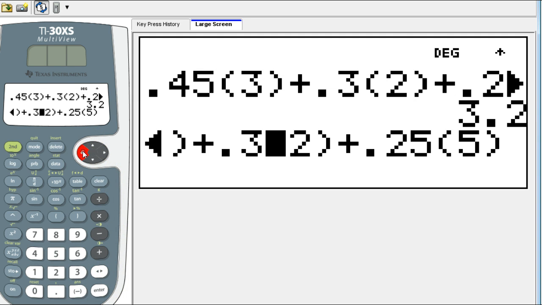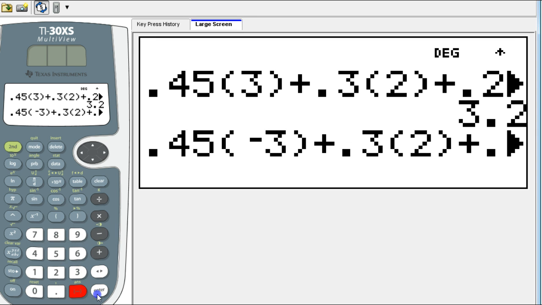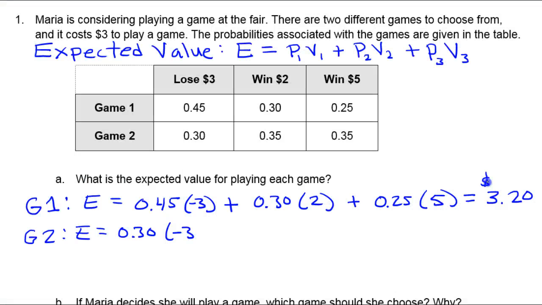That was a bad mistake. With negative 3, the expected value is 50 cents, not $3.20. That was the expected value.